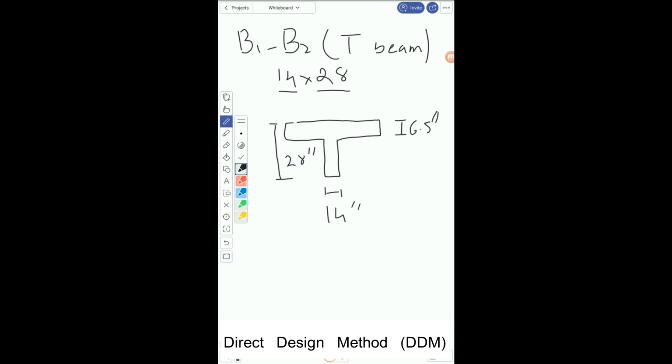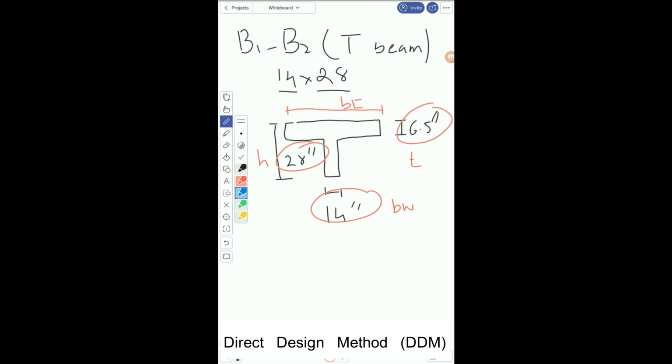We are going to name this variable T, this variable H, and this variable BW. And the last thing which is required here is B effective. So we're going to do the calculation.